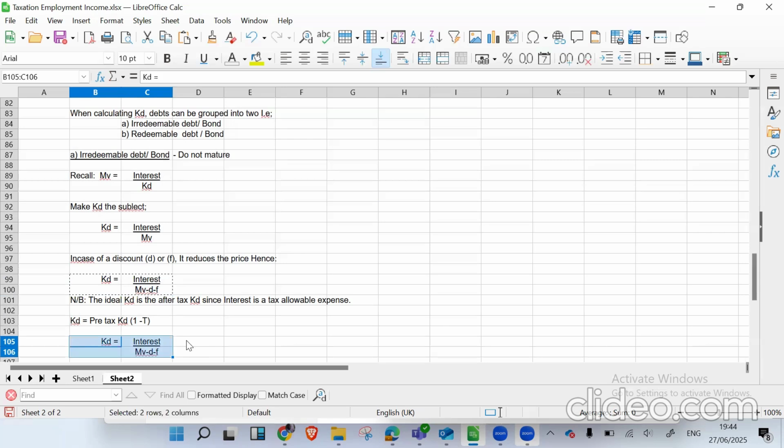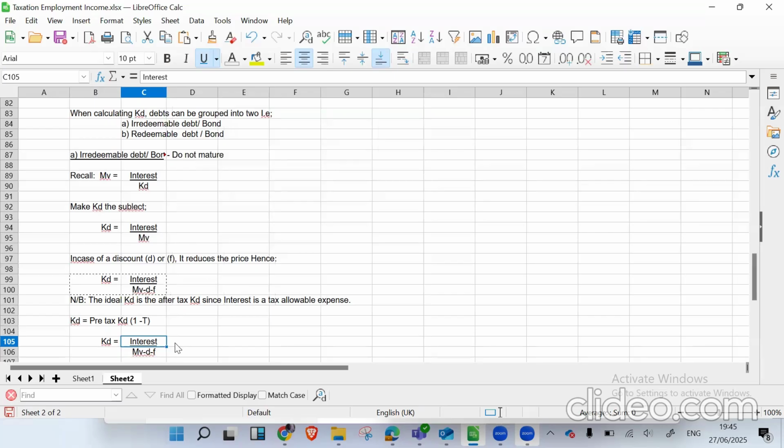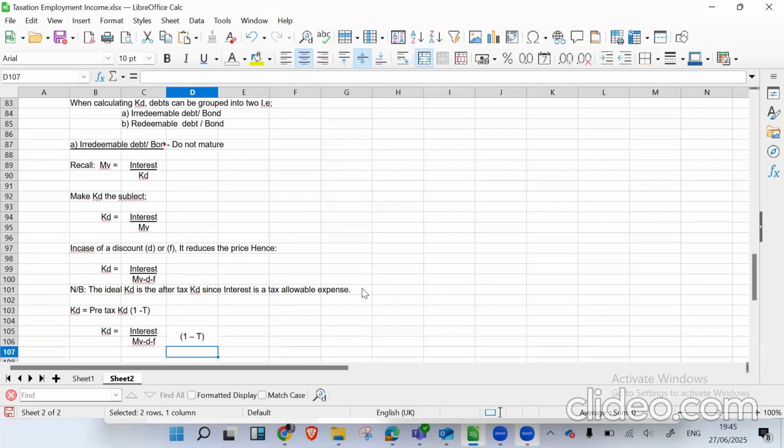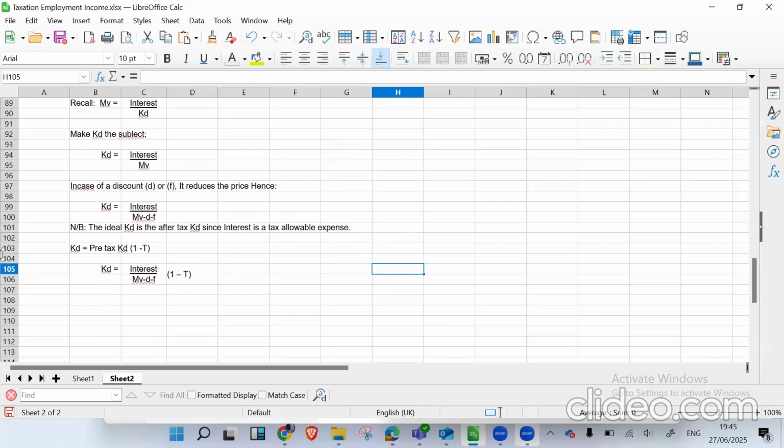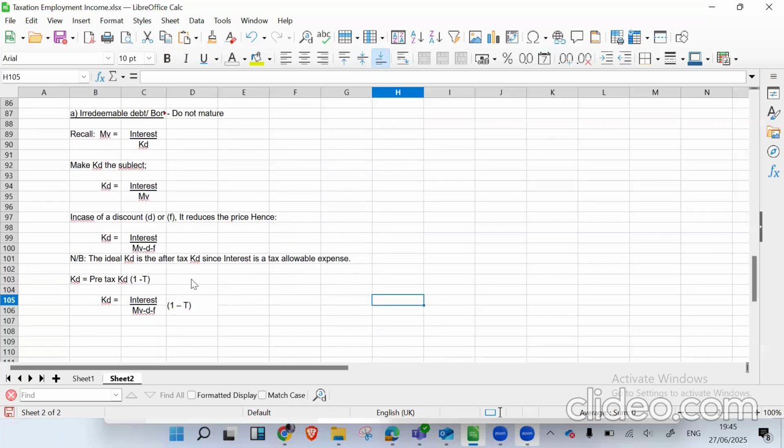So this is my pre-tax KD, but here I'll do it into 1 minus T. So this is the before tax KD, then you adjust for tax to get the after tax KD. Hope that is clear.